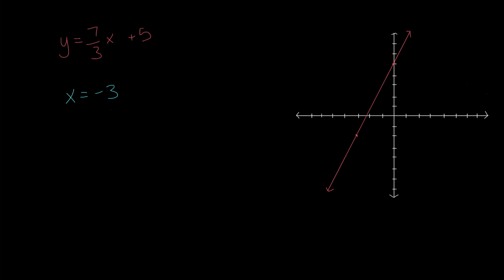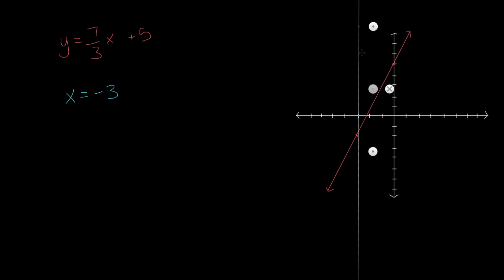Now for our second one, it just says x is equal to -3. The way that we are going to graph this is we're going to go where x is equal to -3. So on the x-axis, we're going to go to -3. So that's right here. And really, it's so straightforward, it's so simple.